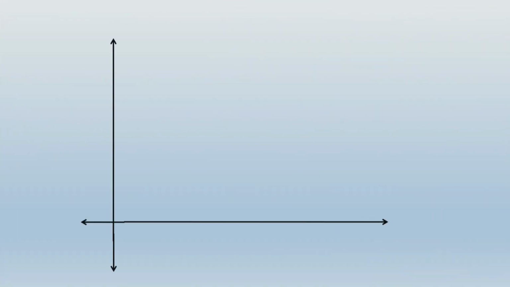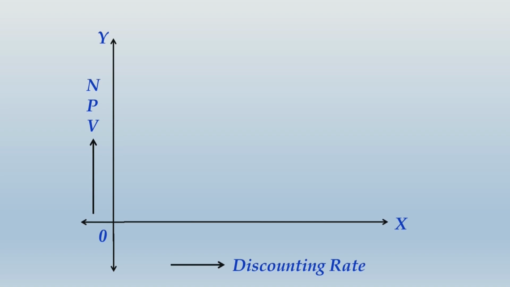So generally what we find, that on the x-axis we would be taking discounting rates, and on the y-axis what we get is NPV. So with the increase of discounting rate, NPV would go on declining. That is the usual trend we have seen, but over here it will not be a curve that would decline.